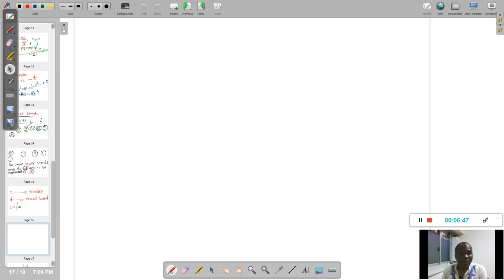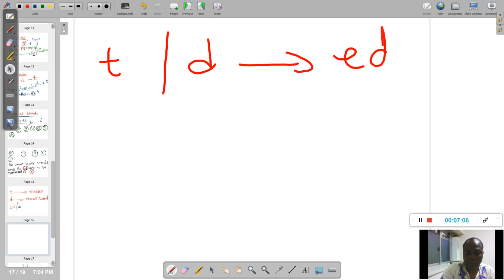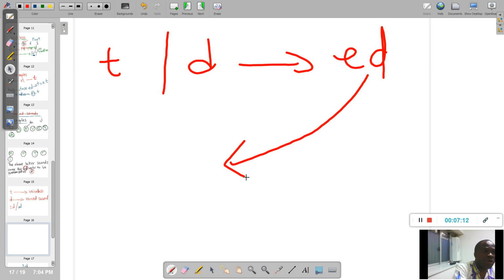So in order for you to use the id sound or the ed sound, this is the rule. When a verb ends in the sound T or D, it will cause the ed verb to be pronounced ed or id.